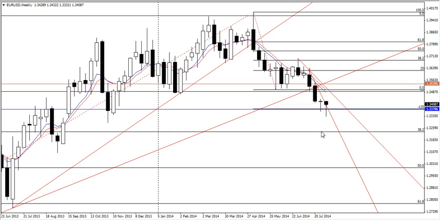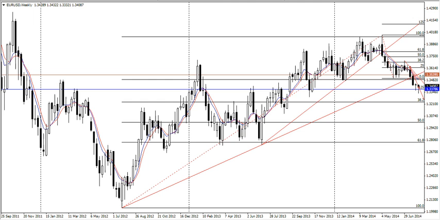But I would probably say the best area for a true turnaround in this downtrend would be around the 132.37, 132.40s area, where this 382 retracement is, that's based off of the highs and lows from this move all the way back here in 2012.